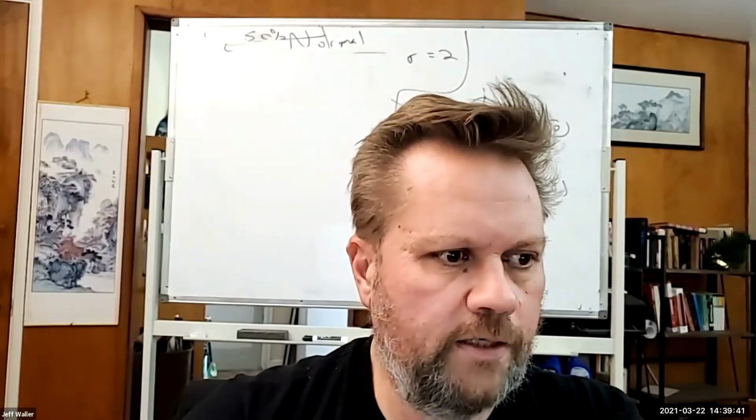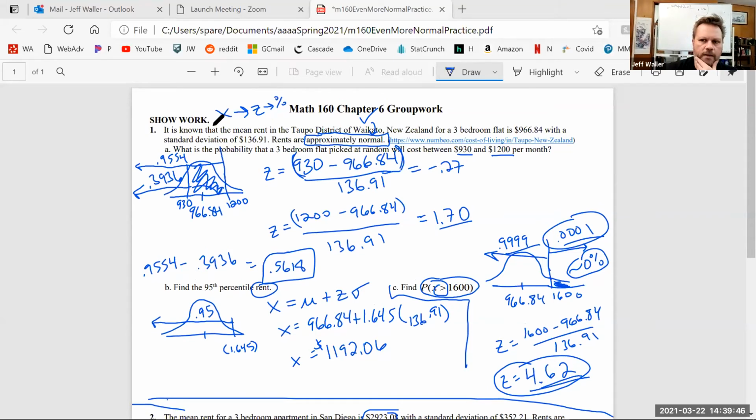Every problem we've done in chapter 6 so far, if you've noticed, how many 3-bedroom places did I pick in part A? What's the probability that how many are picked? One. Every problem we've done so far, what's the probability that we pick one person and they're this?